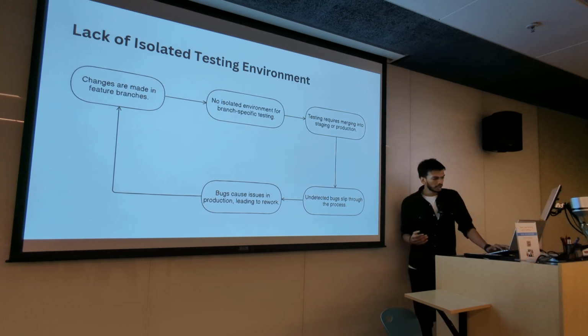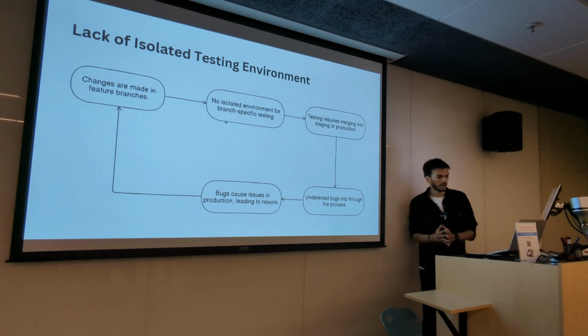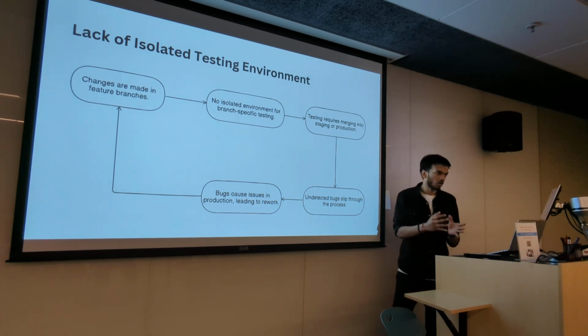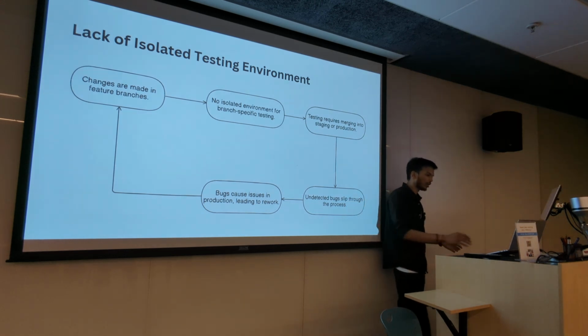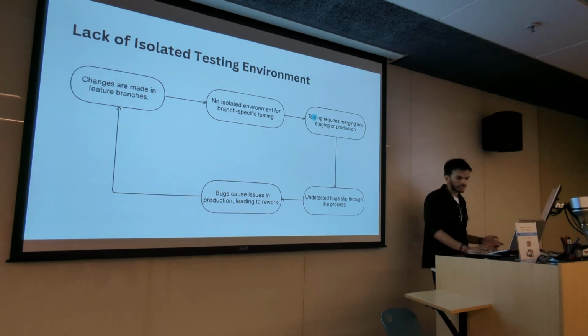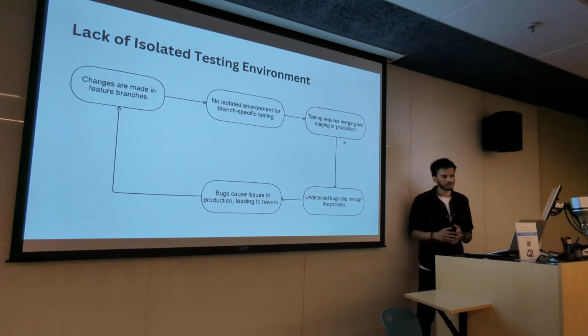Now the problem is that when the developer is working on that specific branch, he or she does not have any isolated environment for that particular branch where they can test it on an actual browser, not on their local system, right? Then what actually happens is testing requires merging into staging or production.